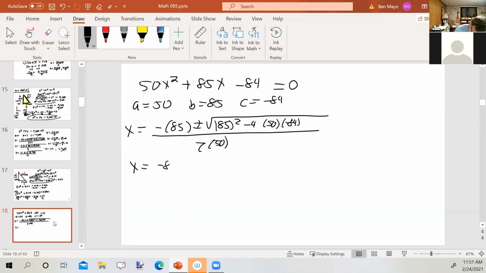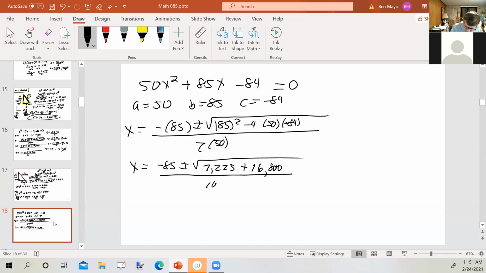X equals negative 85 plus or minus the square root of, let's see here, 85 squared is 7225. Minus 4 times 50 times minus 84 would be plus, we've got 4 times 50 times 84 is 16,800. It's a good thing we've got a calculator. 2 times 50 is 100.